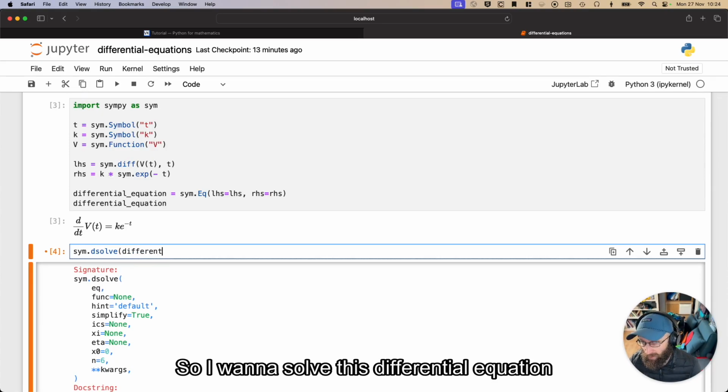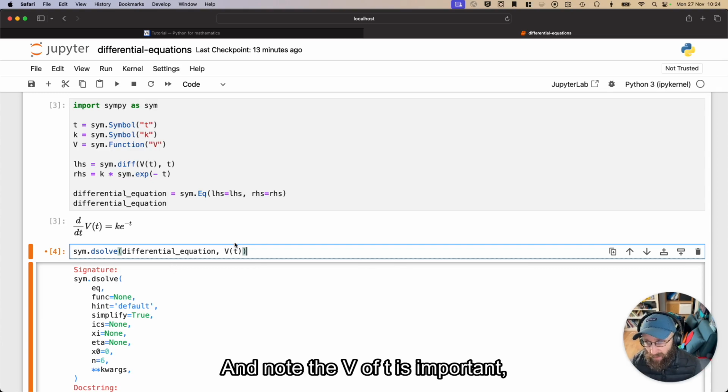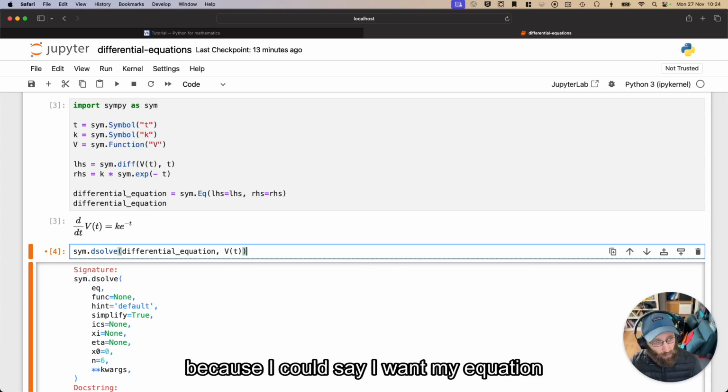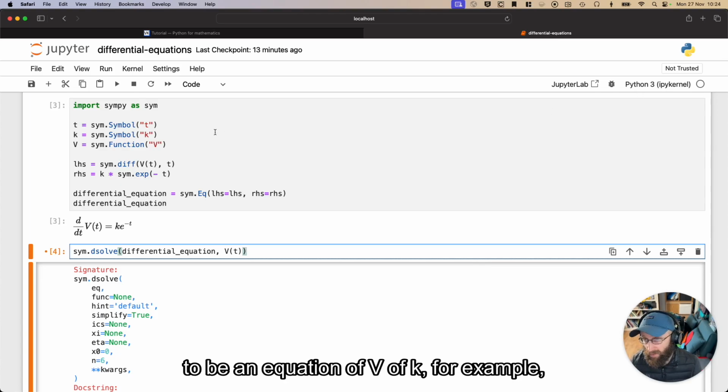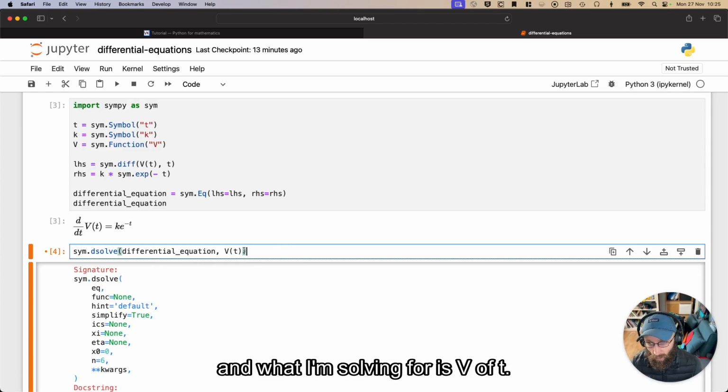I want to solve this differential equation with respect to V of t. Note that V of t is important, because I could say I want my equation to be an equation of V of k, for example, but I'm specifically saying k is some constant, and what I'm solving for is V of t.